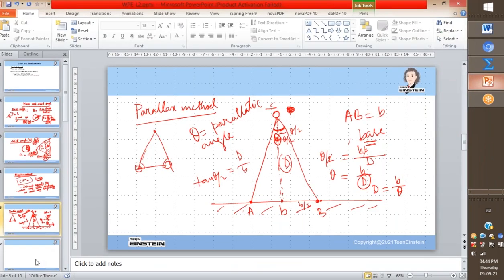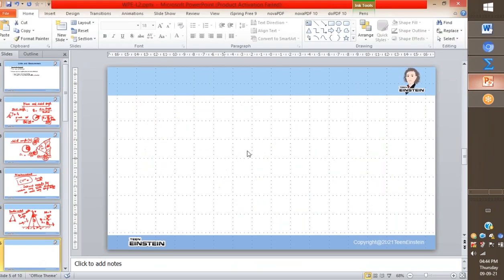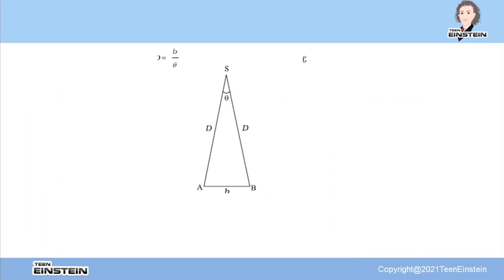Look here, they have taken AS or BS as the perpendicular distance from the earth's surface to this star or planet, whatever you say. You might be thinking, sir, how is it possible? I agree with the perpendicular drawn like this, but how do I agree with this?